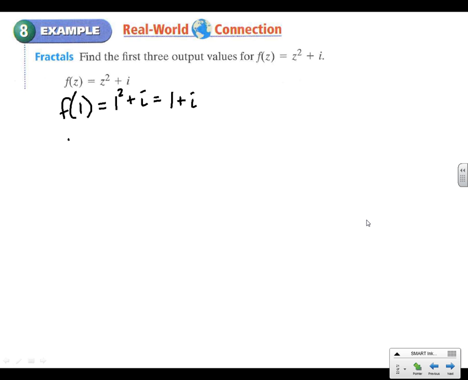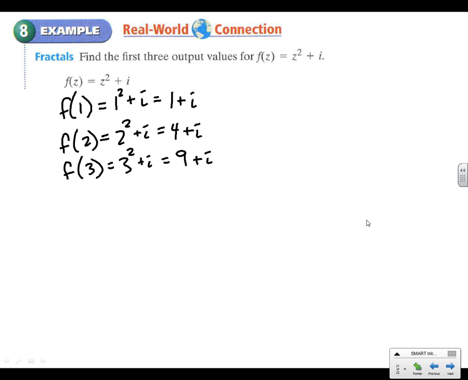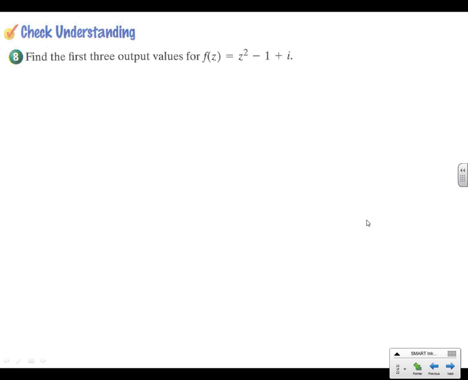All right, let's see what happens if I go f of 2. Now I'm going to get 2 squared plus i, which is 4 plus i. And lastly, what happens if I plug in 3 for z? I get 3 squared plus i, and I got 9 plus i. All right? So, just that simple. We can plug those in.